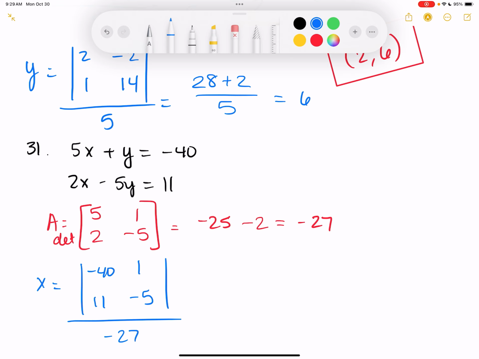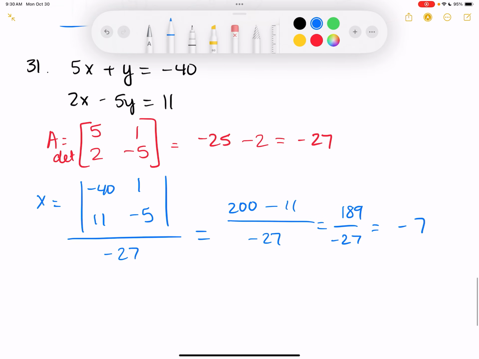Since we're solving for x, these go in for the x column, and then we use the y values here. So the determinant of the top would be positive 200. So that ends up being, is that 189 over -27? Anybody know that? 7. You just guessed. Yep. Oh, I thought you really knew that. I was like, wow, that was impressive.